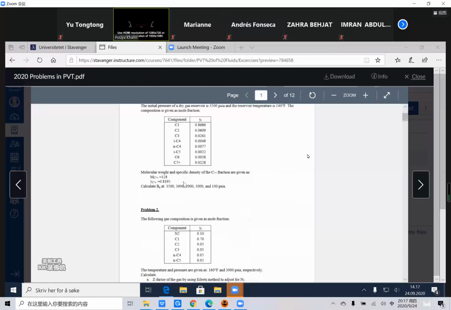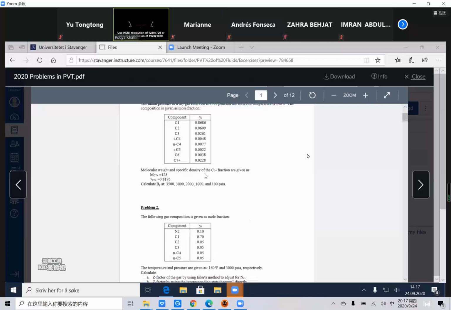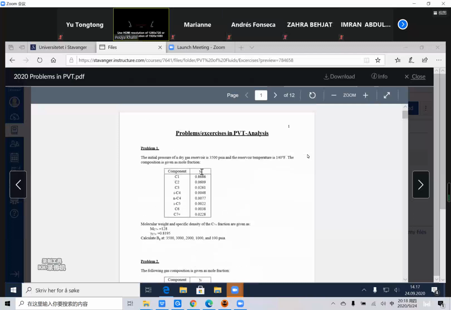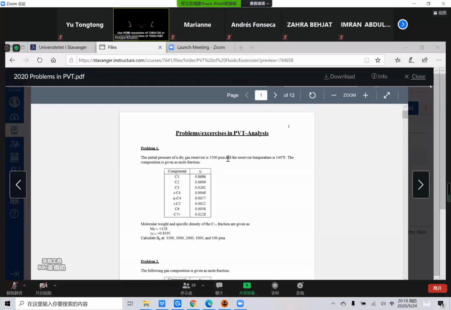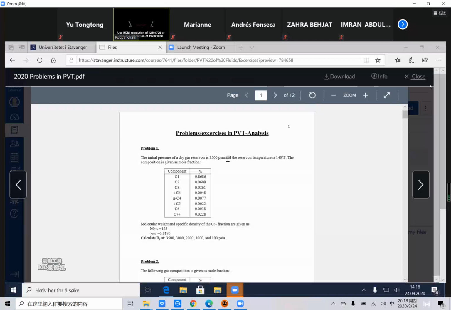Okay, we see the components and the mole fraction right here. The reservoir temperature is 140 Fahrenheit, and the reservoir pressure is 3,500 psi.